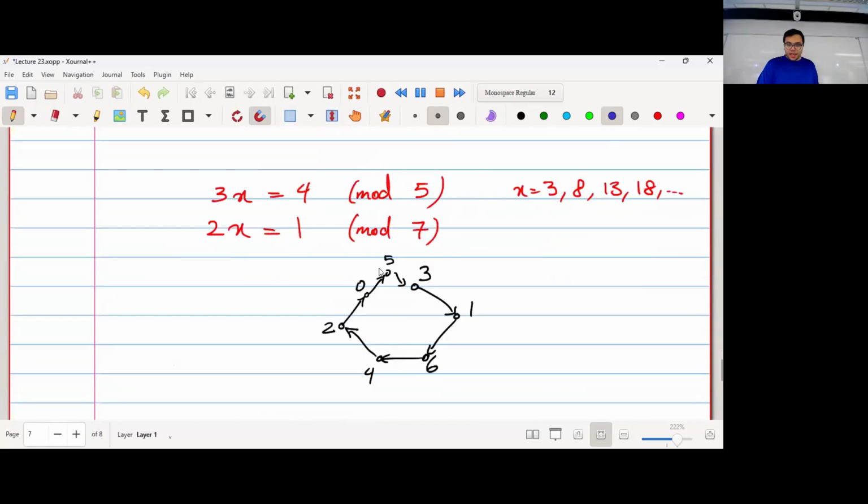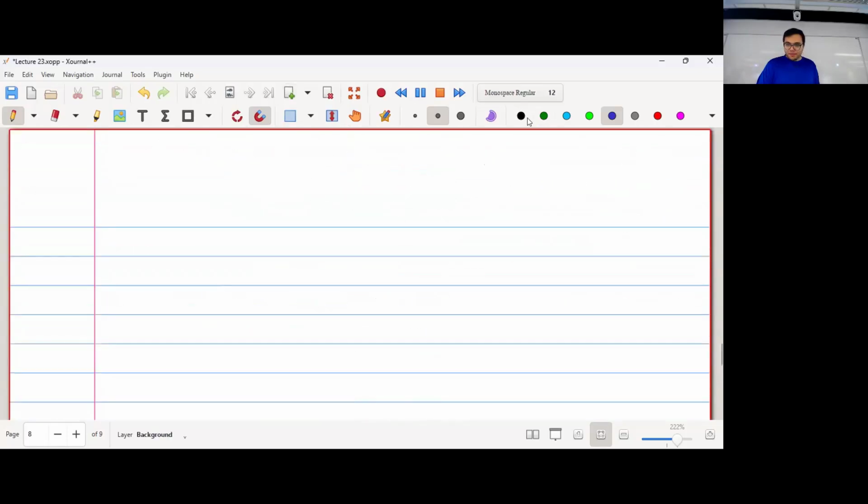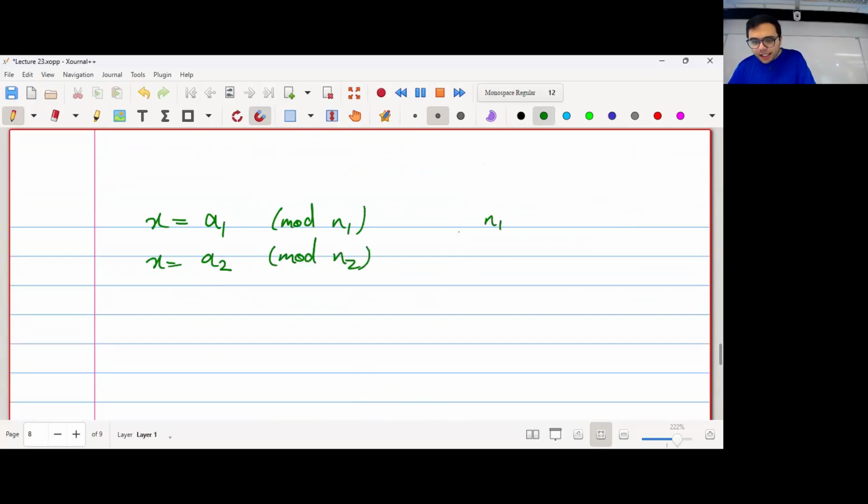Okay, so actually let's look at that for a second. So let's say that I have x equals something, let's call it a1 modulo n1, and x is equal to something else, a2 modulo n2. And let's say that n1 and n2 are relatively prime. I know that this has exactly one solution, modulo n1 times n2.